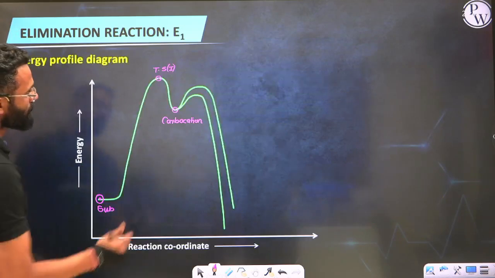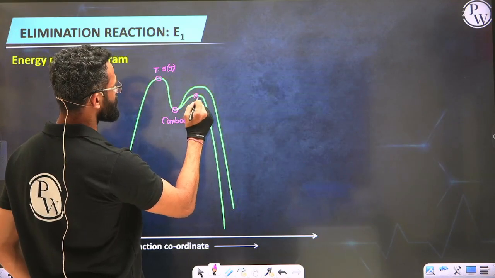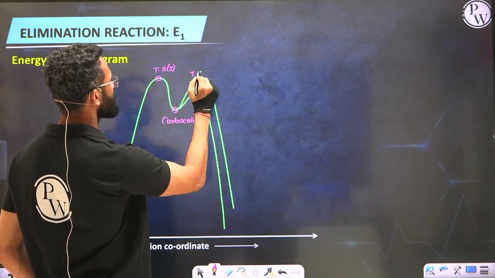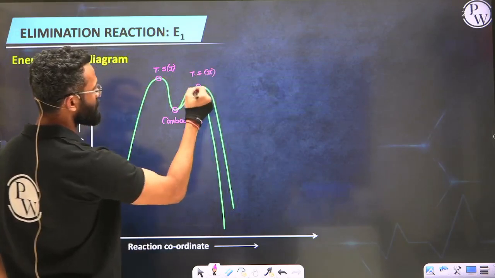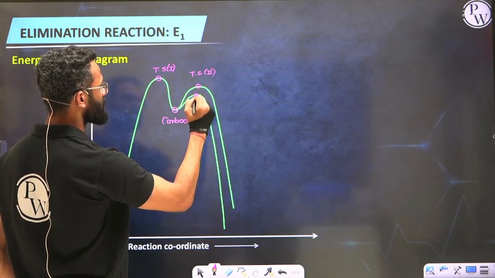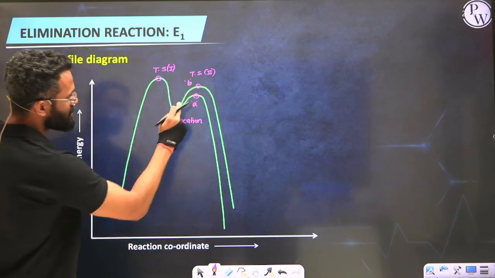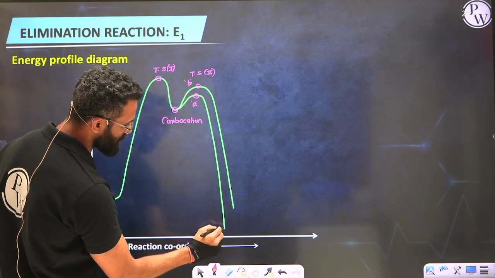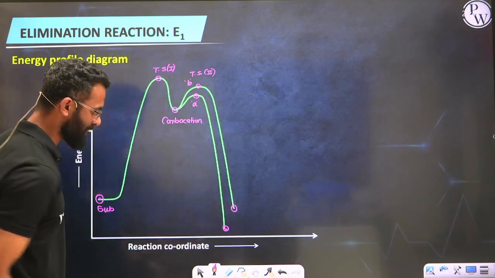So you can see carbocations are getting converted to two transition states, which we are referring to as transition state 2. The more stable transition state was via path A. So this one was via path A. This one is via path B. Hence the product corresponding to path A is the more stable alkene. So this is the more stable alkene. This is the less stable alkene.